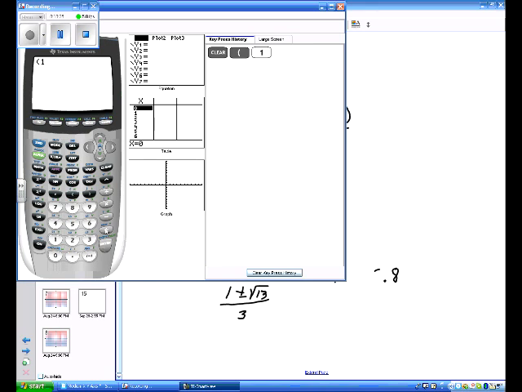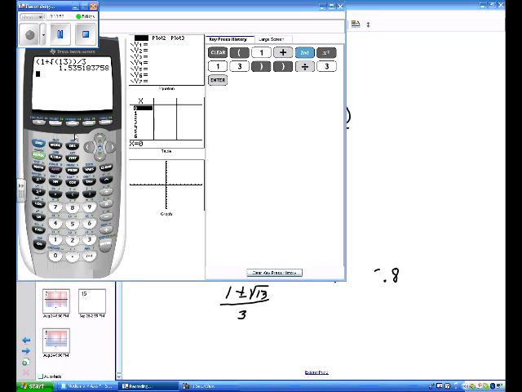1 plus the square root of 13. Now we have to close the square root, and then we close the parentheses for our numerator divided by 3. Okay, that equaled the 1.5.